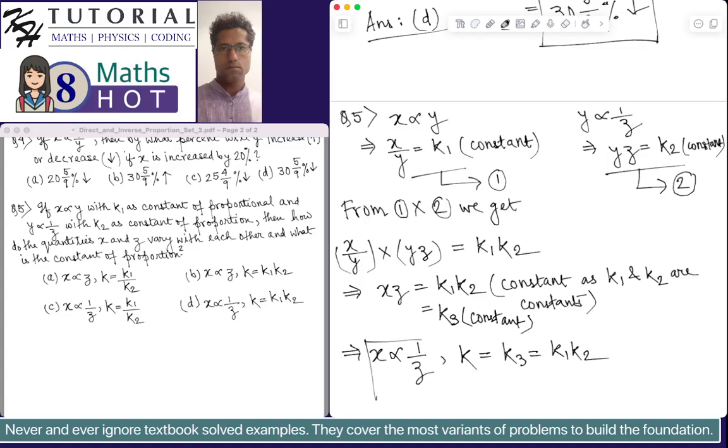So this is how the quantities x and z vary with each other, that is, x varies inversely with z with the constant of proportion being k1 k2. So the correct choice will be choice D. Correct choice is D.